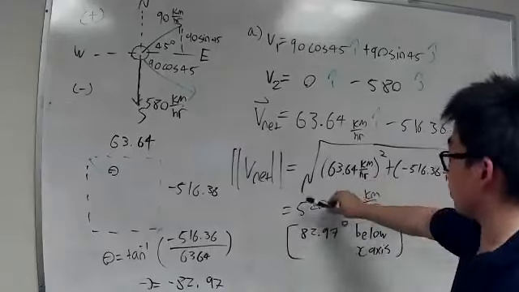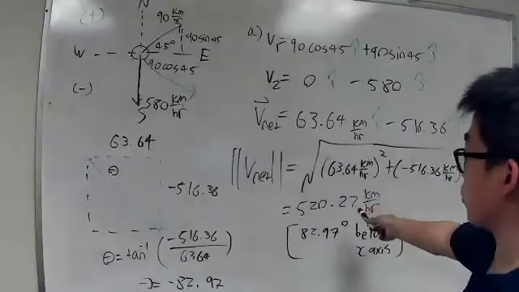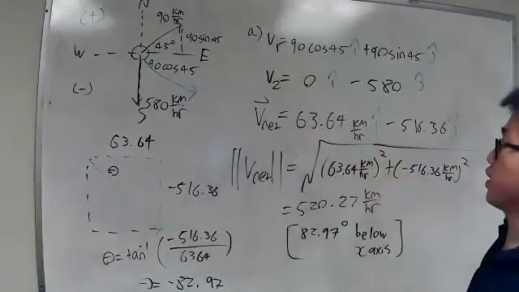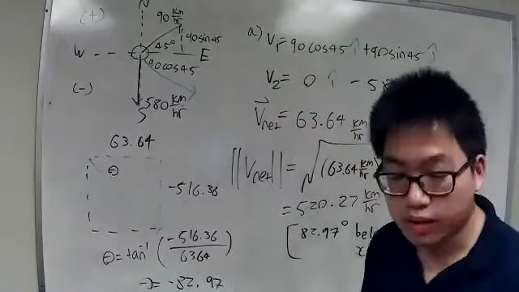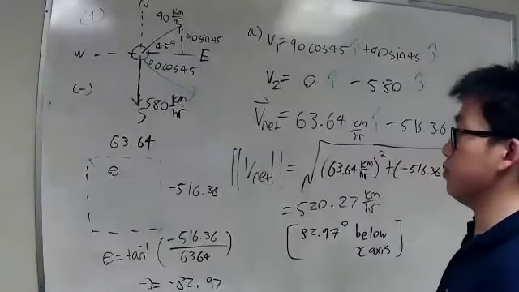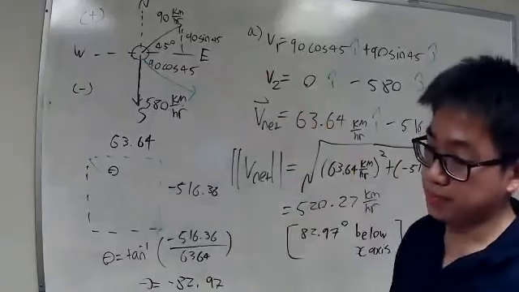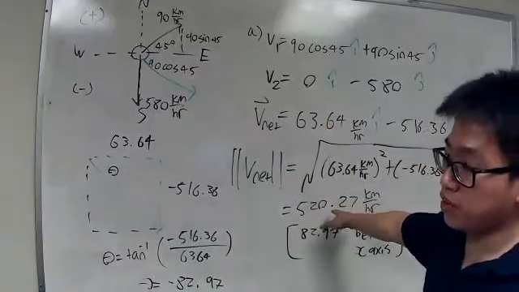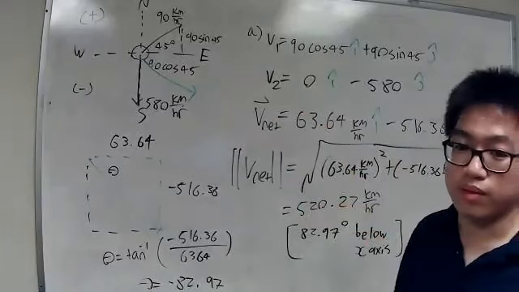Now we can say the new speed is 520.27 kilometers per hour, but it's 82 degrees below the x-axis. When they told us the speed of the airplane, it said 580 south. But now I'm telling them the new speed is 520, at this angle.